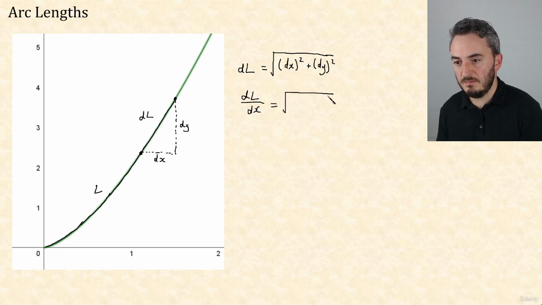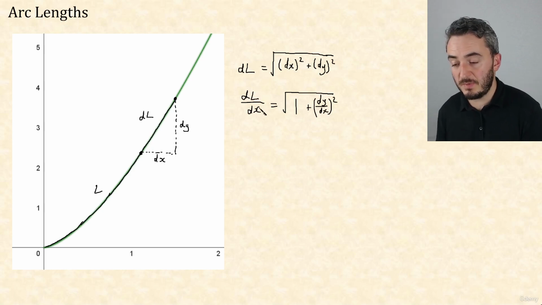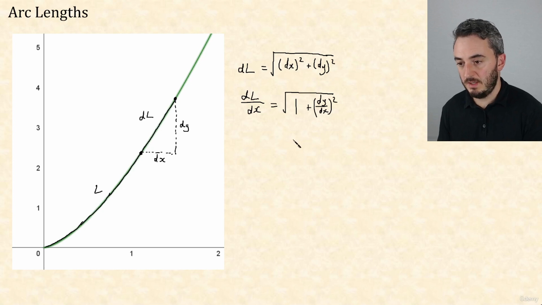And what's that giving me? That's giving me dx squared divided by dx squared is 1, and dy squared divided by dx squared is (dy by dx) squared. So what we have is that the change in L divided by the change in x is the square root of 1 plus (dy by dx) squared.